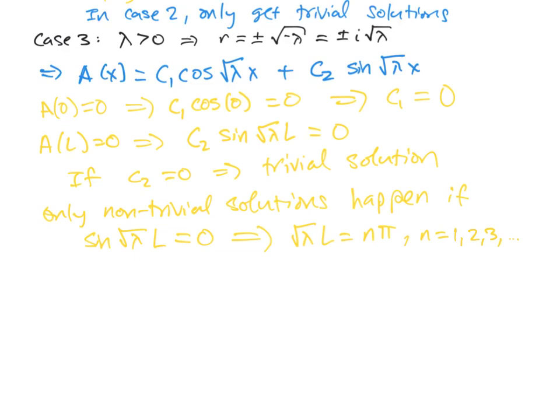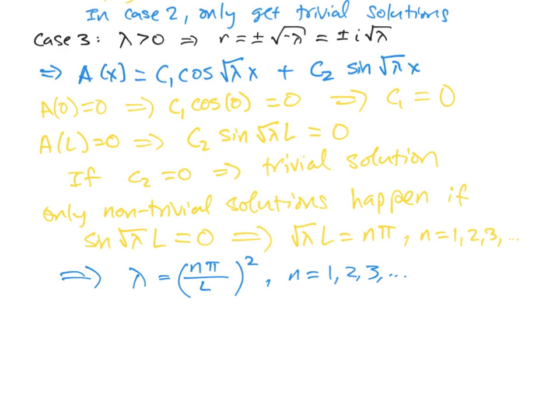And so, switch to blue. Now we can solve for lambda, and we get lambda equals n pi over L, quantity squared, for some natural number 1, 2, 3, etc. So we only get non-trivial solutions for these lambdas.